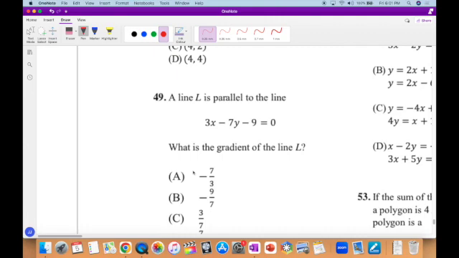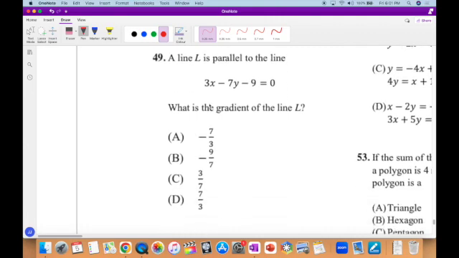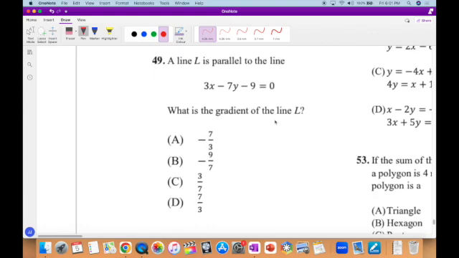The line L is parallel to this line. What is the gradient of the line L? So first we have to take this and put it in the form y is equal to mx plus c. So minus 7y is equal to minus 3x plus 9.